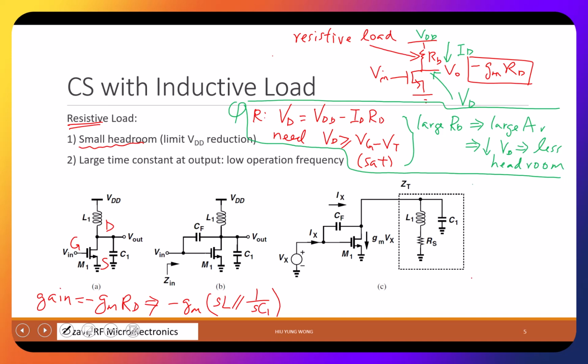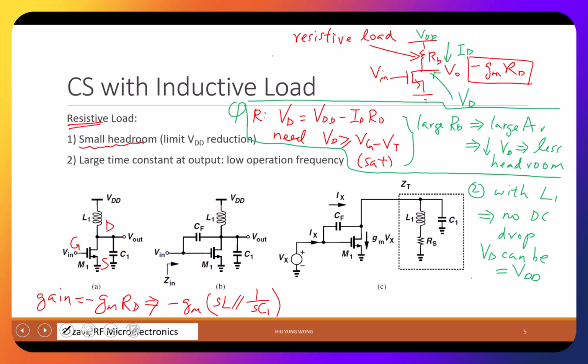Now, if you are using the inductor, then you basically have no DC drop. Your VD can be equal to VDD if you really want. You can bias it with a constant current, right?